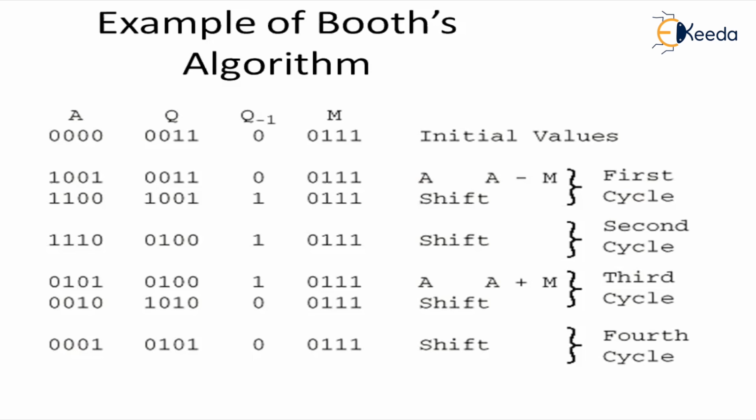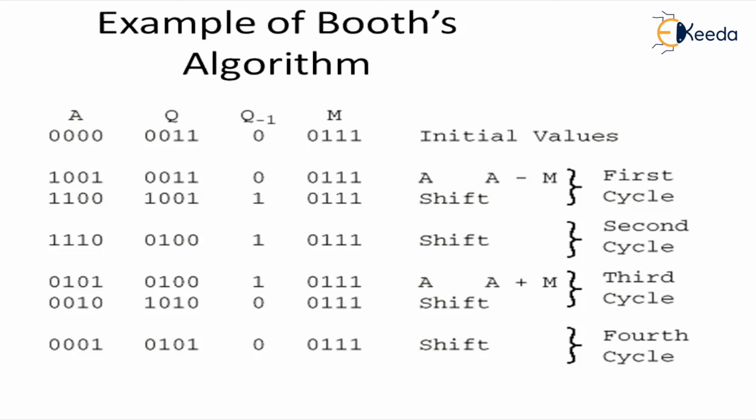Now we have used four binary digits, so there will be 4 cycles. That is an indication of how many cycles are used for performing the arithmetic shift operation in Booth's algorithm. When you look into the last cycle, the 4th cycle, you have obtained the desired result. This is how Booth's algorithm is used.